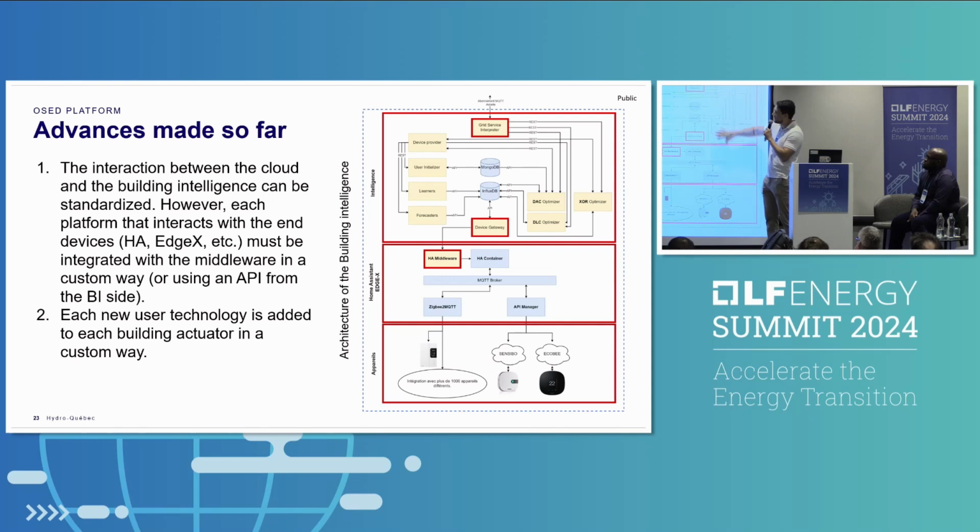You need some layer of separation, some way of abstraction, to separate the intelligence from the actuator. If you want to control a thermostat and optimize the consumption of an electric vehicle, you don't need to know specifically which type of vehicle it is or which thermostat it is.